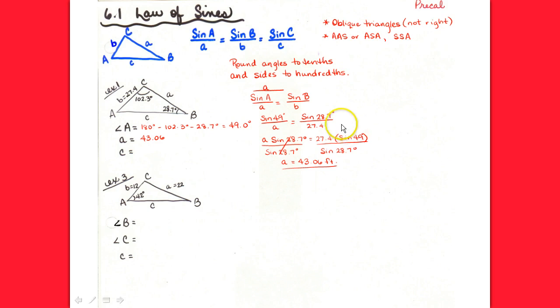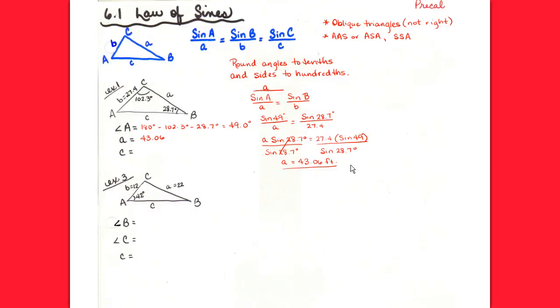Because if you find the sine of 49 and you round that, and you find the sine of 28.7 and you round that, and then you take your rounded sine of 49 and multiply it by 27.4 and you round that, and then you divide it by this that's rounded, and you round that, by the time you get done, you're going to be off by a couple of tenths. So the nice thing is you can just leave the whole thing 8, 9 decimal places in your calculator and keep multiplying and dividing, and then just round your final answer. So everybody getting that to work okay? Anybody having trouble with it?